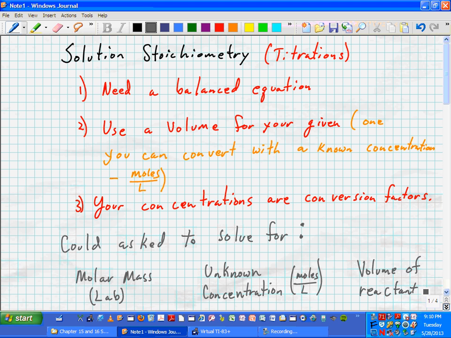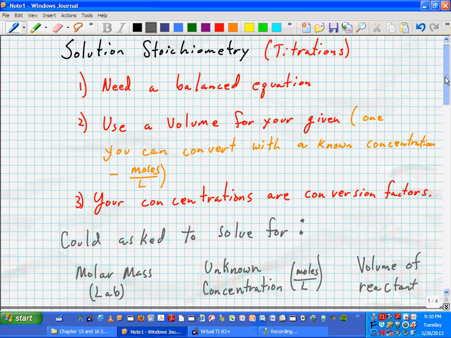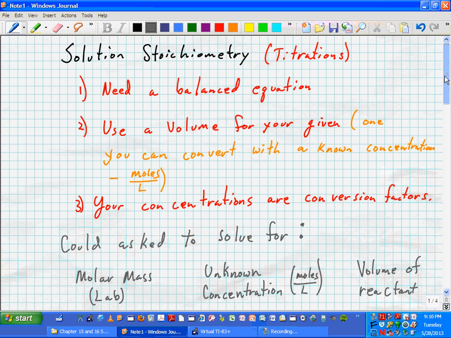Volume of reactant or product. I take that back, it's usually a reactant. All right, like I said, I'm not going to go through the molar mass one, did this already. So let's go ahead and take a look at a couple of examples with unknown concentration and volume of a reactant. You guys ready? Hopefully you've been writing.